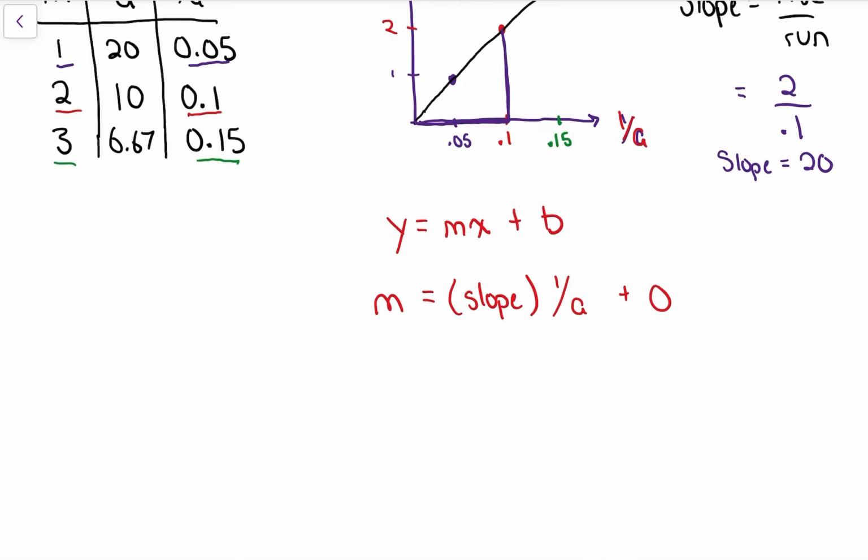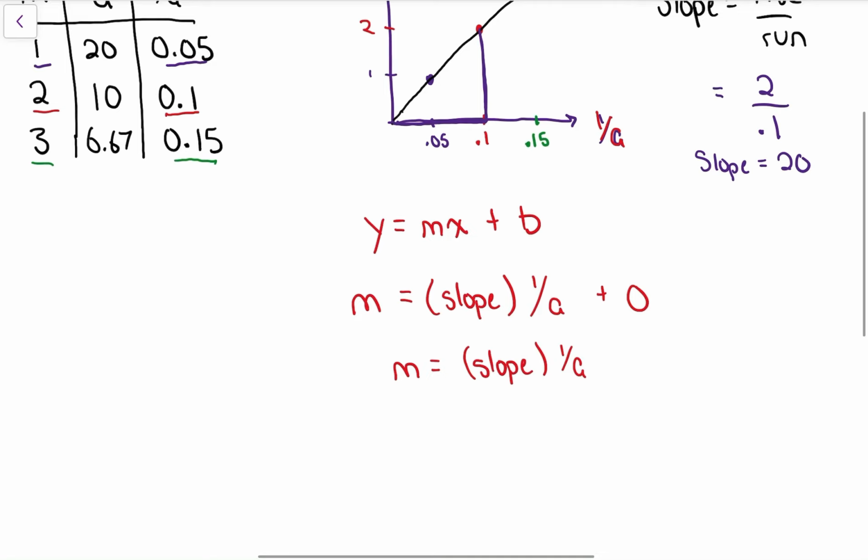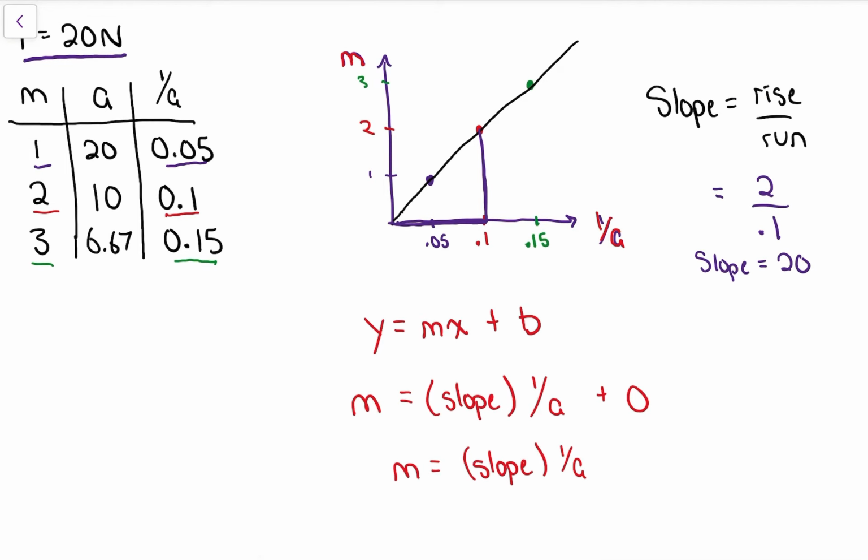So really my equation that matches this data is mass equals slope times 1 over a. And then one little logic leap: the slope was 20, which is the exact same as the force.